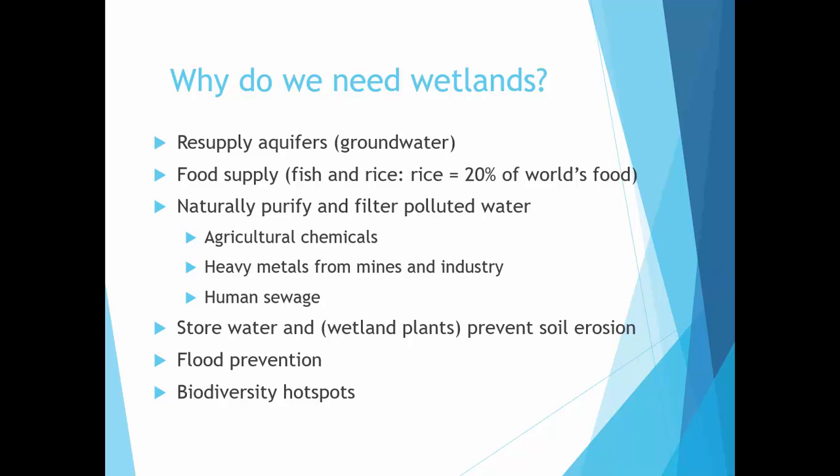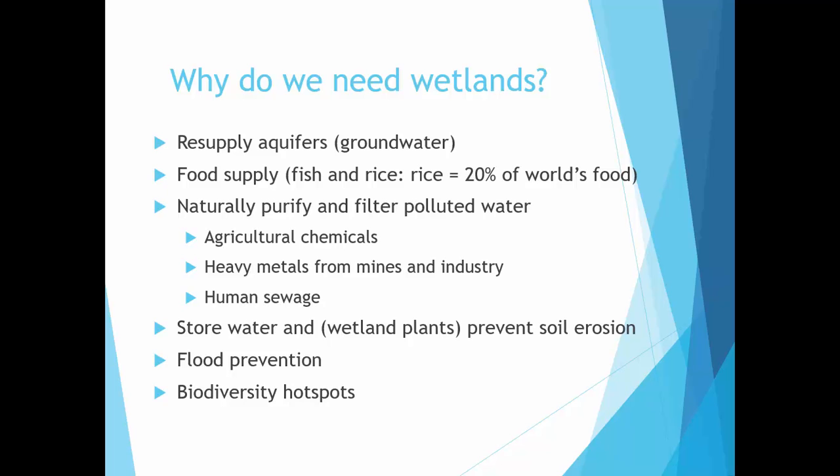They also are good at filtering heavy metals from mine and industry waste that flows out of a mine. And in many countries where we don't have access to great sewage systems, if any, wetlands are good for filtering human sewage so that it doesn't get into other surface water systems, which are then used for water consumption. So they're critically important in developing nations that don't have adequate sewage systems.